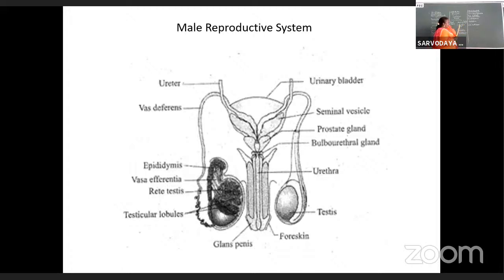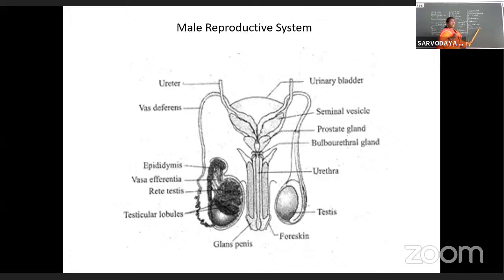Now once the vas deferens continues, what does it do? It enters the abdominal region. Now when it enters the abdominal region, it is going to loop around the urinary bladder.